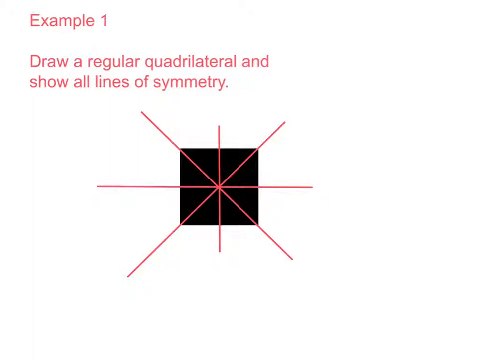There. Now you can see that I have how many lines? I can label them for you. Let's call this 1, 2, 3, and 4. 4 lines of symmetry for a regular quadrilateral.